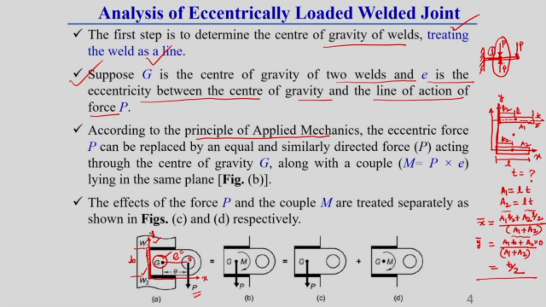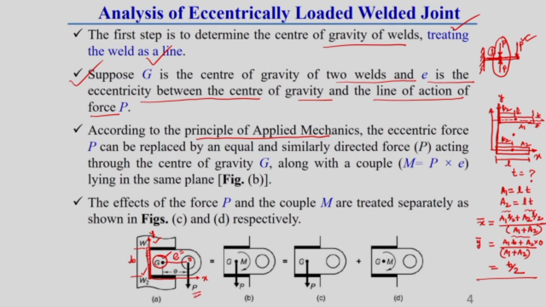So, we apply a force P similar to this externally applied load P, and in the opposite direction we apply another force P here. At this new location 1, due to the application of P and P, it will be nullified, because the equal and opposite forces give a resultant force of 0.